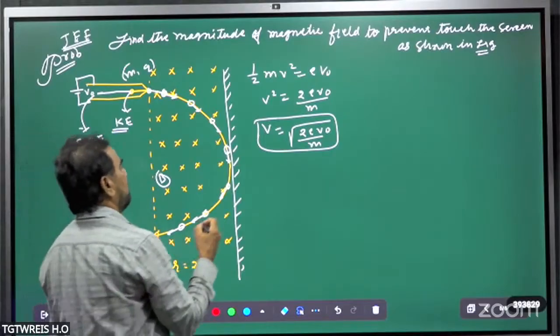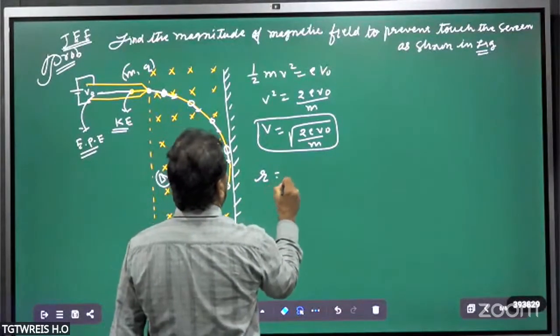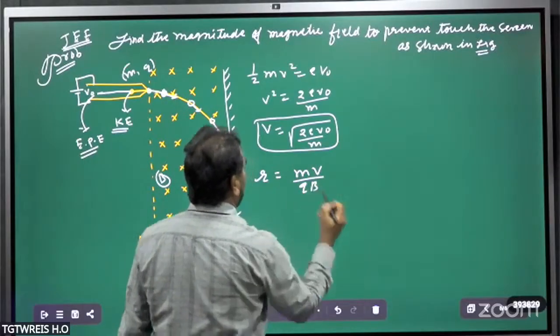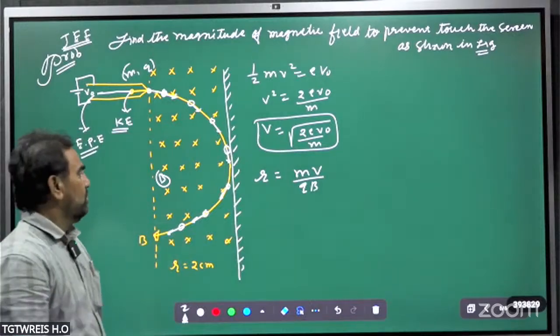The circular path is given by R is equal to mv upon qB. Write eB for qB, since it is the same charged particle. So R is equal to mv upon eB.